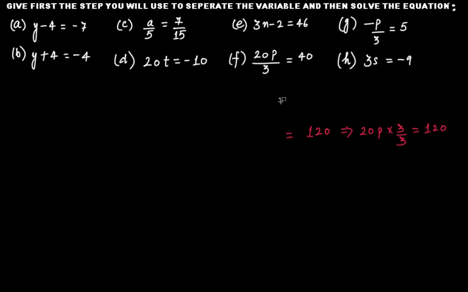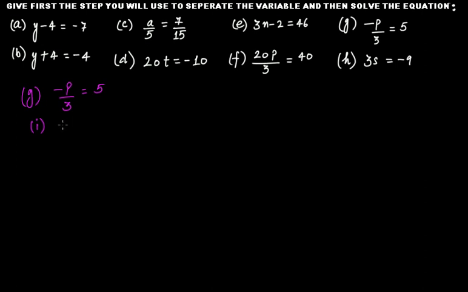Now let's move on. G. So G is minus p divided by 3 equals to 5. So in order to maintain the equality, the first step will be that since 3 is in division with minus p, so first focus to get rid of this 3.